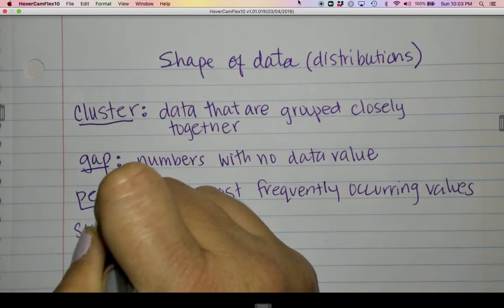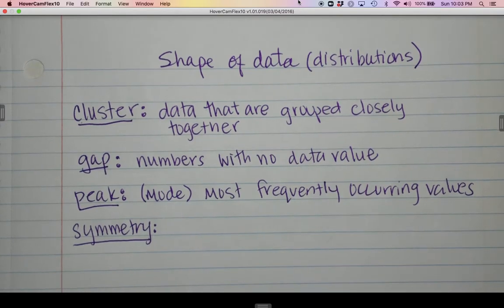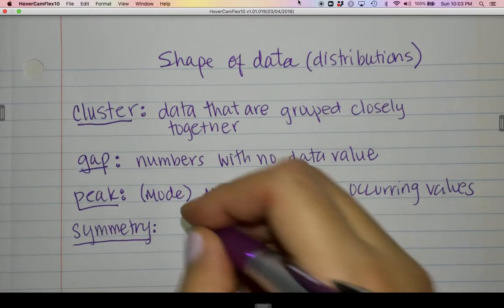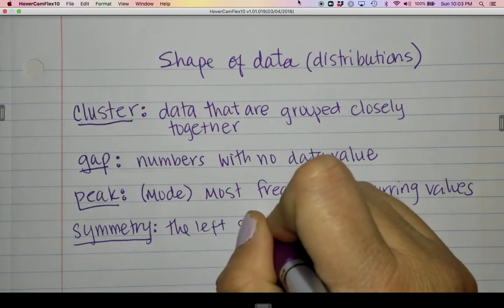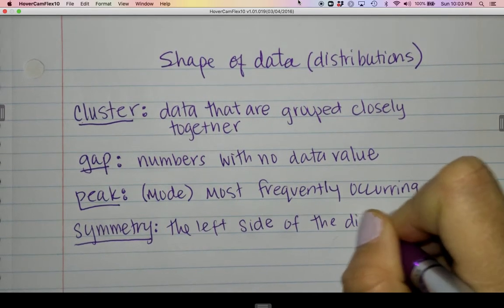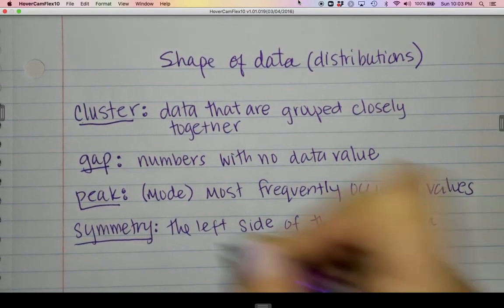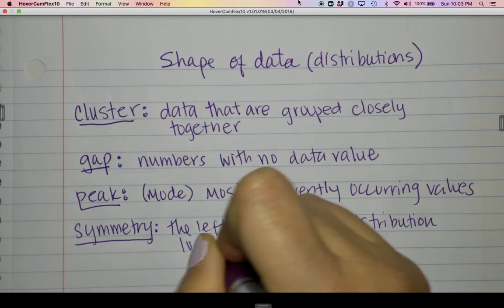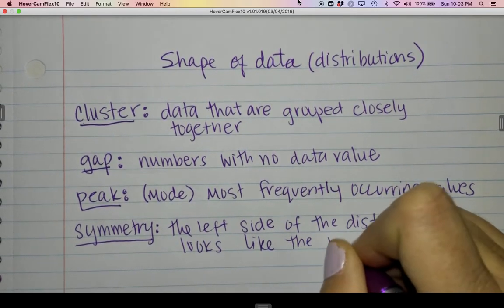Symmetry is when we look at a graph, we find the middle of that graph and it looks very similar on both sides. So the left side of the distribution looks like the right side.